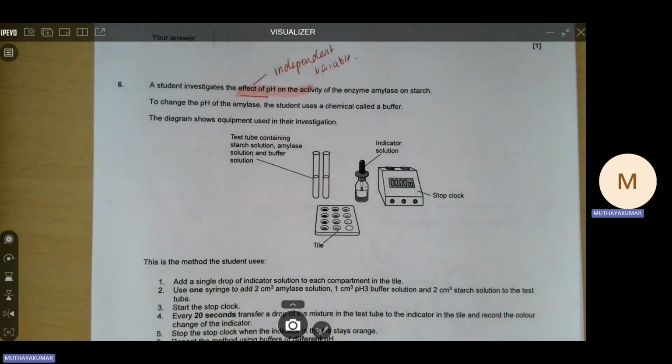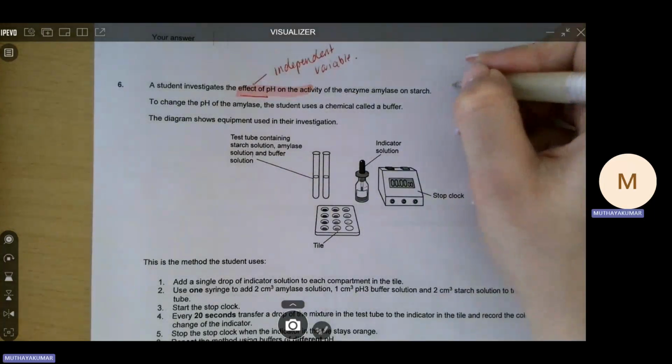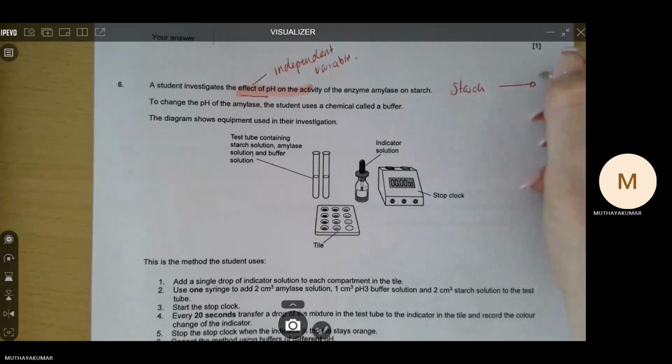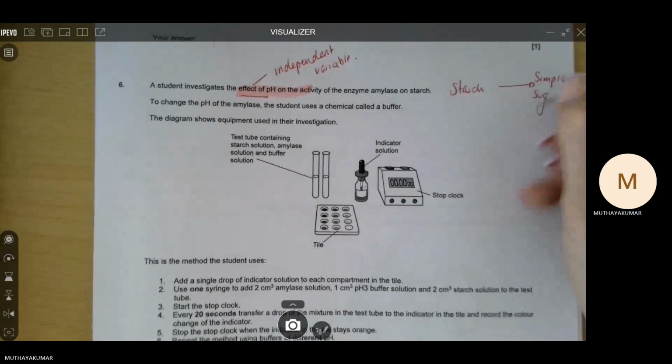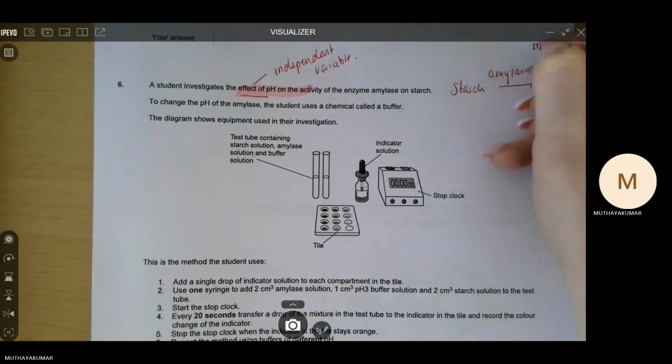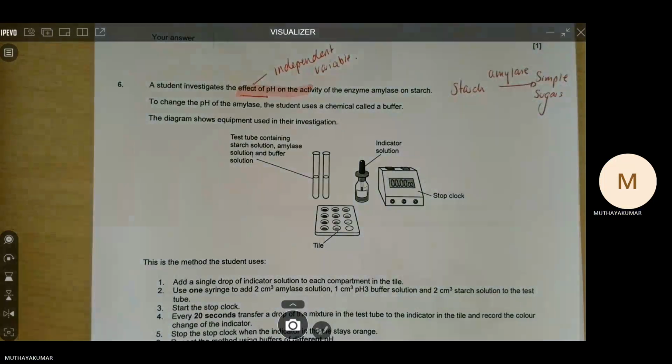So that is an enzyme that we come across in biology quite a lot. Okay, so what it does, it breaks down starch into simple sugars. All right, and it's the amylase, and it's found in our saliva. All right. Now we use an indicator called iodine.